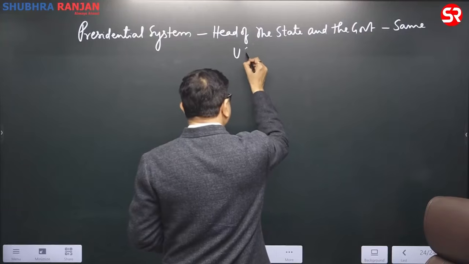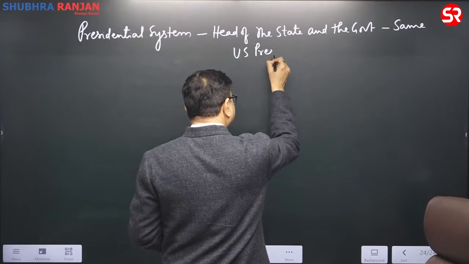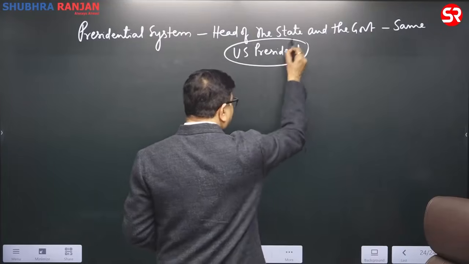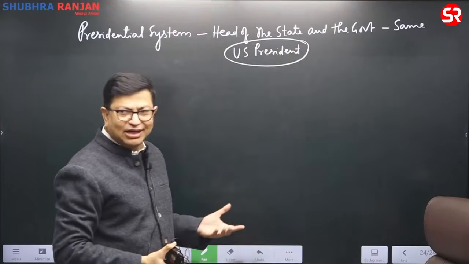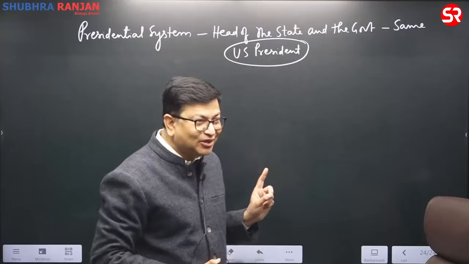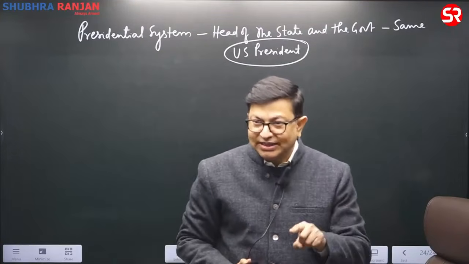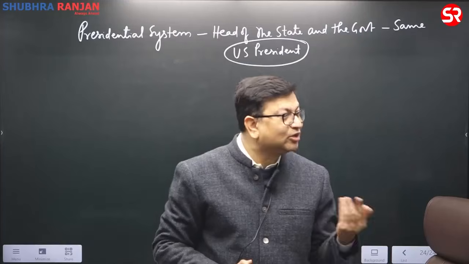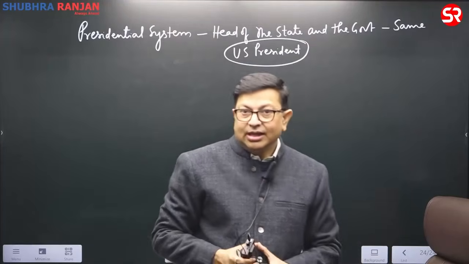You see the US president, he is the head of the state and he is the head of the government. All the decisions are taken by him and he is the signing authority also. The bills which are passed by the Congress, he signs it as the head of the state, but as the head of the executive, he takes all the decisions also.